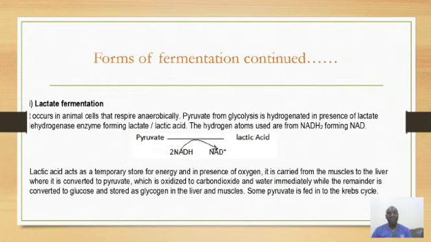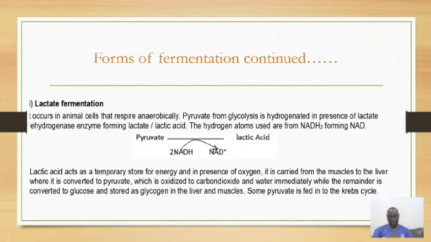On return of aerobic conditions, lactic acid is transported from the muscles and taken to the liver, where part of it is converted to pyruvate. Lactic acid is transported from muscles to the liver, where in the liver it is converted to pyruvate.